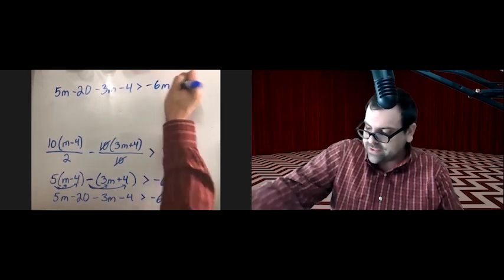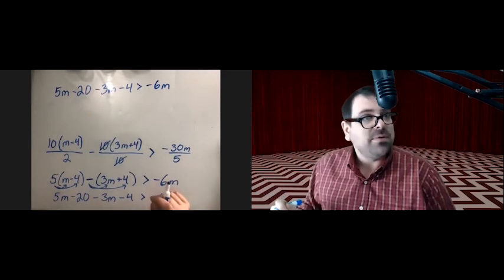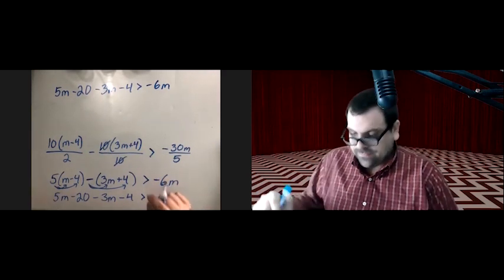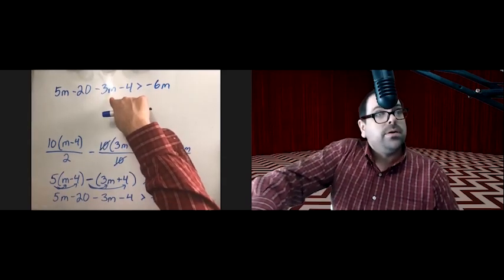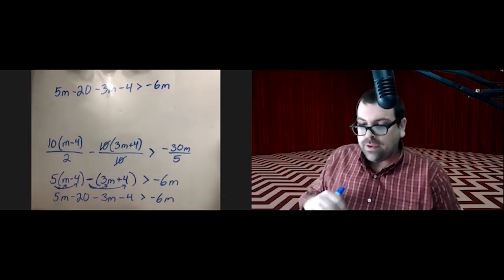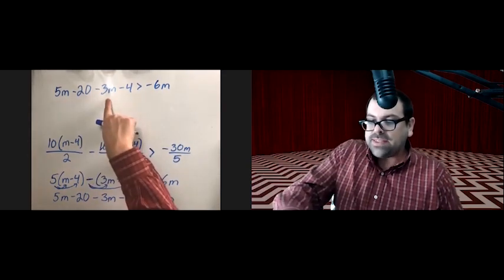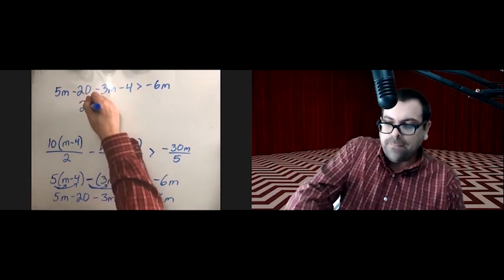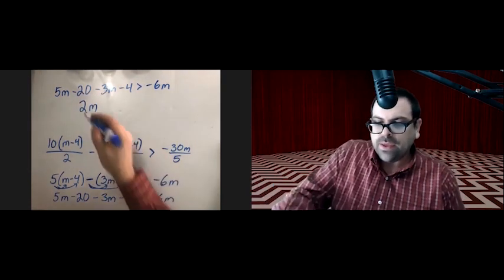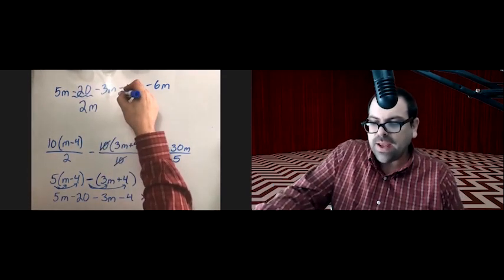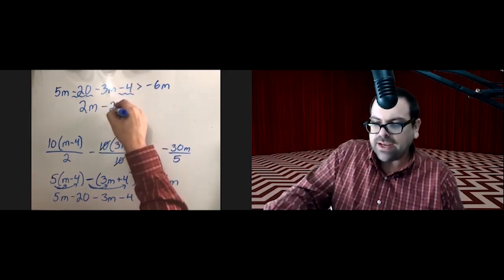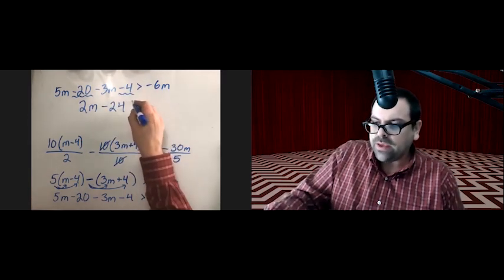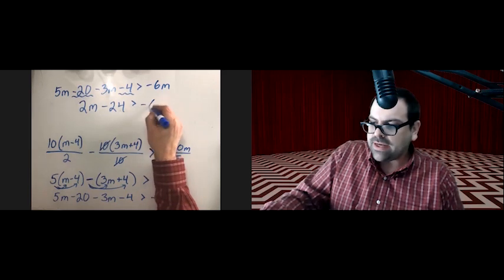You don't need to write this a second time. You can obviously just keep going. It's minus 3m. 5m minus 3m would be 2m. Negative 20 minus 4 would be negative 24. Less than minus 6m.